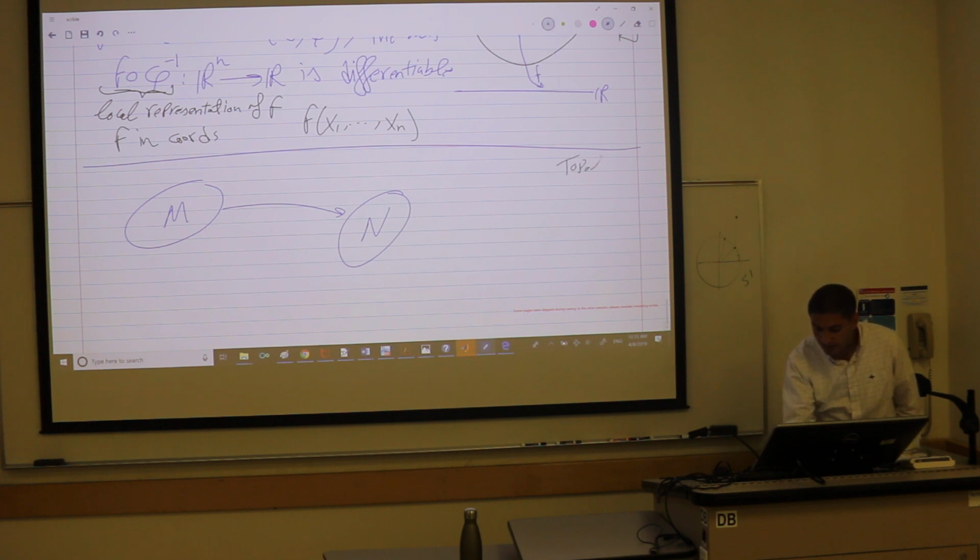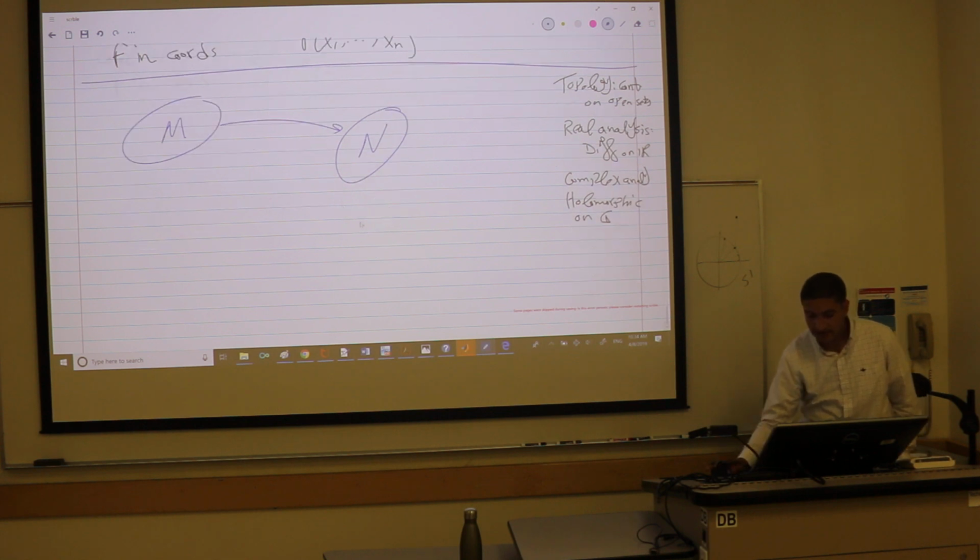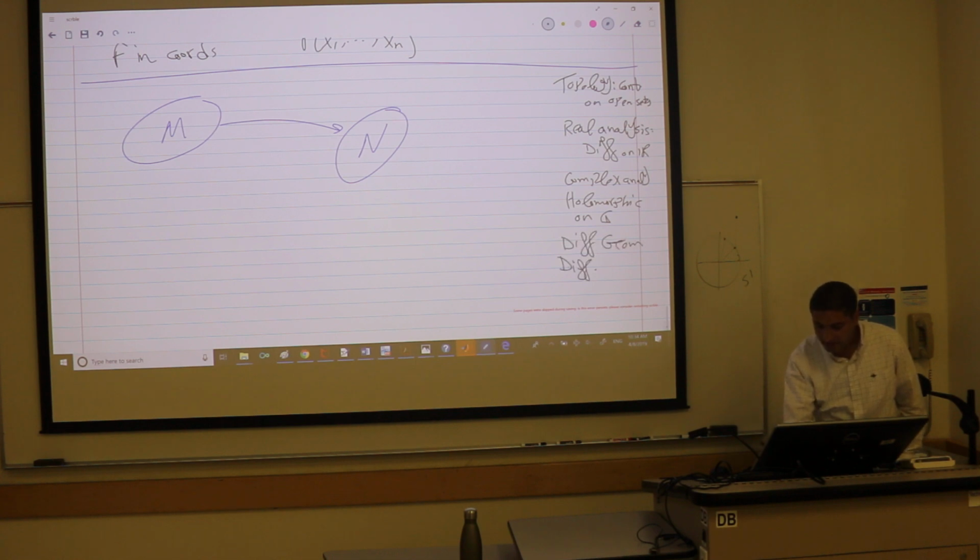In topology, you study continuous functions on open sets, right? In real analysis, you study differentiable functions on the reals. In complex analysis, you study holomorphic functions, right? On C. And here in differential geometry, we study differentiable functions on manifolds.